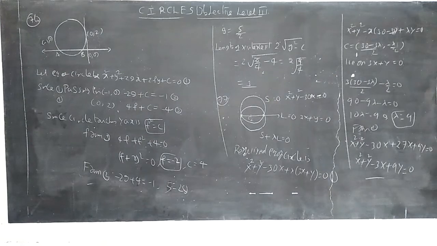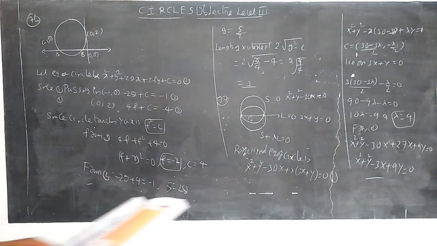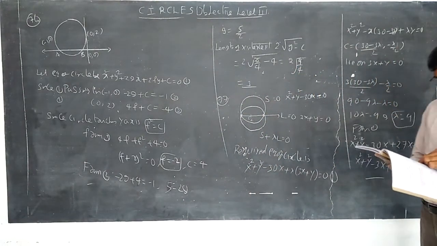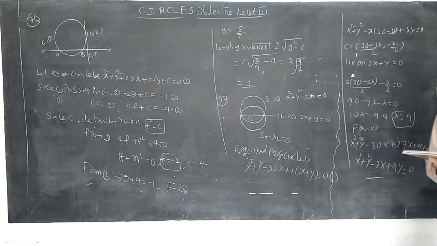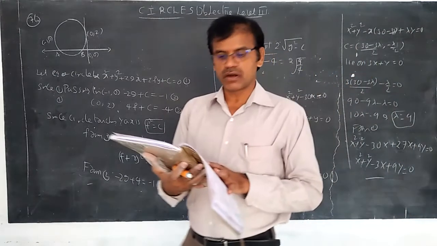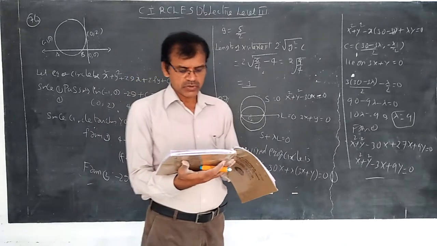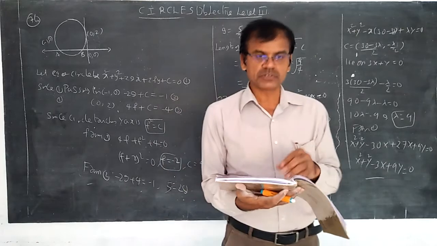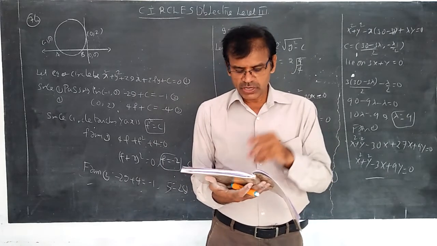Here one thing we can observe: this is the process I explained, but a shortcut is there. What is the shortcut? Whenever the condition is given that y plus 3x equal to 0 is the equation of a chord of the circle, and we want the equation of the circle which has the chord as diameter, verify according to the options.